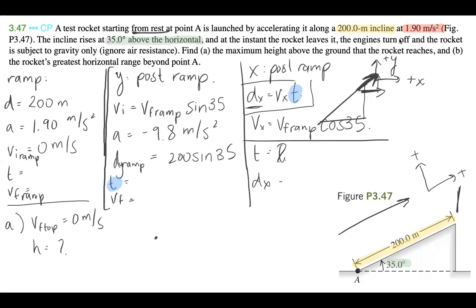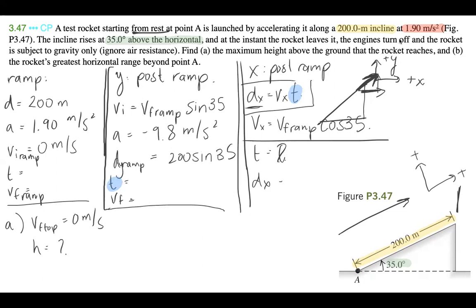So that's the part where only gravity is working on it, and it's going to decelerate and reach 0 meters per second, and then we're going to move back down. But before we get ahead of ourselves, we are going to use all the information that we have post ramp.